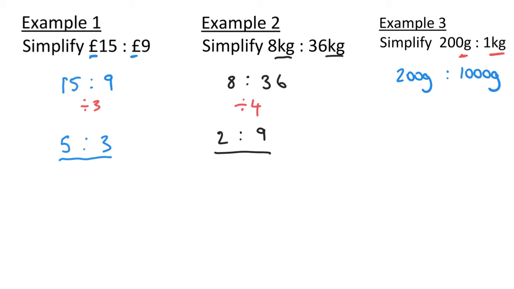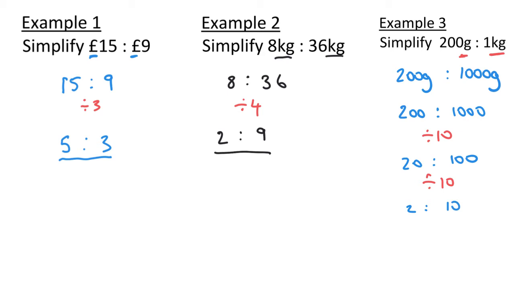We can then rewrite it without the units. So 200 to 1,000. And we can see that they share a common factor of 10. So we could divide by 10 and we'd get 20 to 100. Again, they share a common factor of 10, so we could divide by 10 and we'll get 2 to 10.